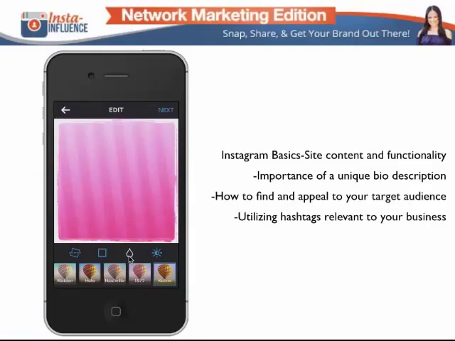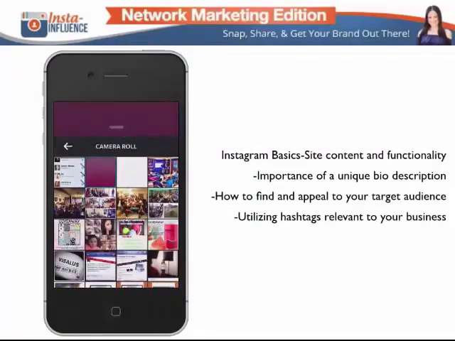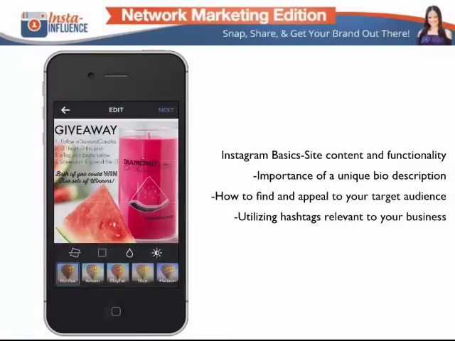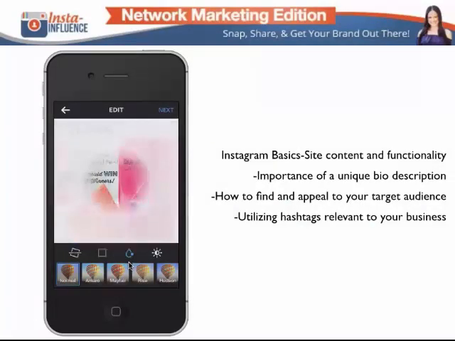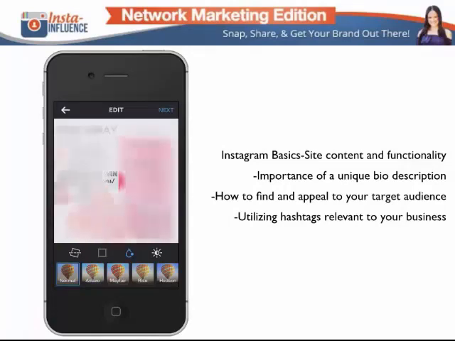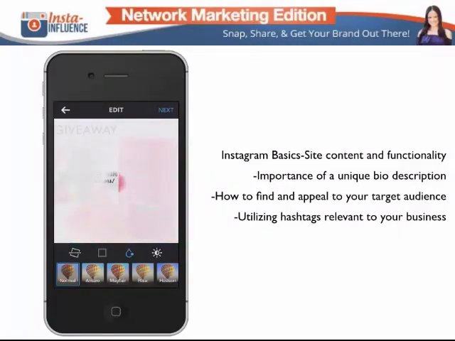This is, let me go back to another picture where I can show you a little bit better. So let's go to, I talk about giveaways in another module, so we can go over this. But this is what is a tilt shift button. And what it does is it allows you to kind of fog out stuff that maybe you don't want so dominant. So like if you are, say you really just wanted to get that watermelon in the picture and you're like, oh, I want to focus on that.